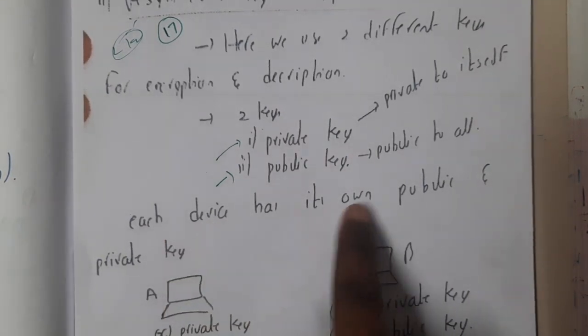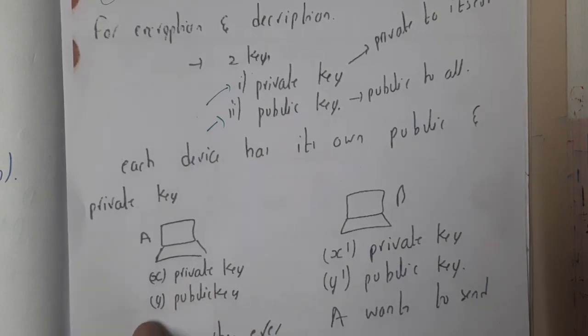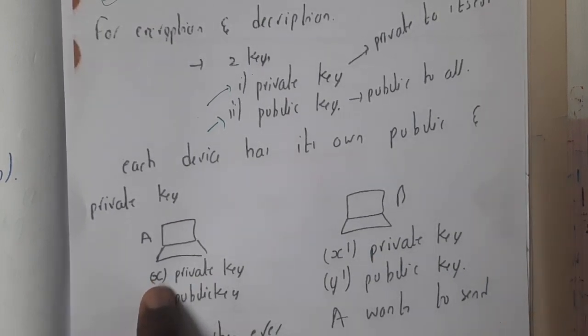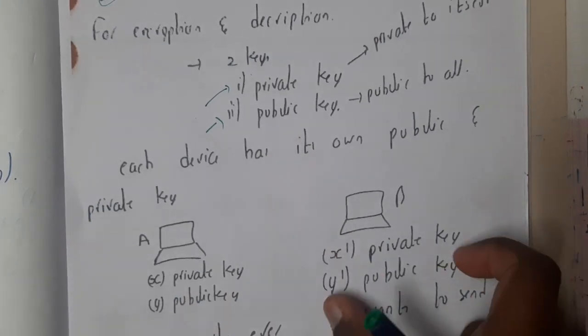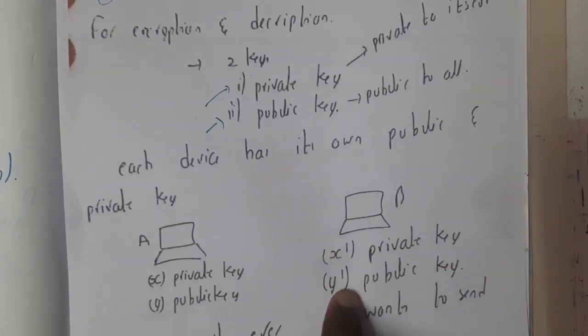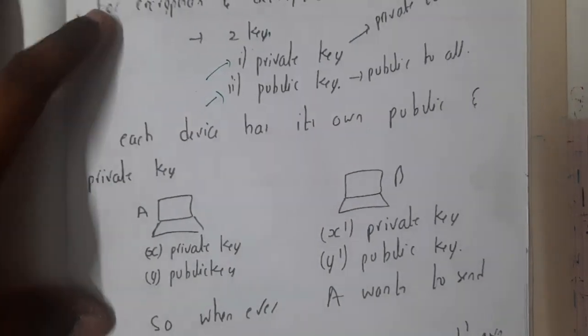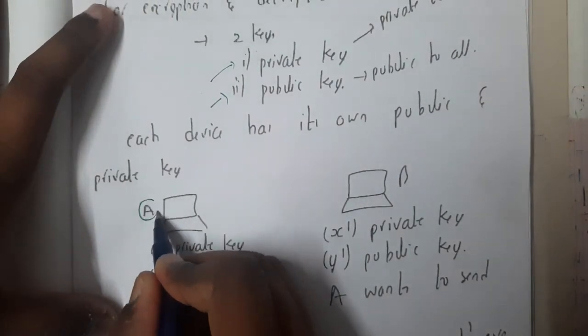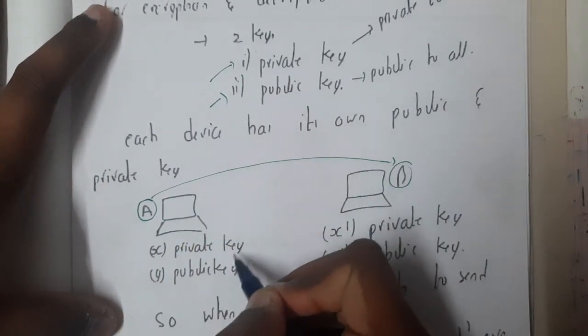Each device has its own public and private key. Here I have written public key as Y and private key as X for the first device, and for the second device it is X dash and Y dash, guys. Please concentrate, guys. It is really easy. Whenever A wants to send a message to B, what does A have?